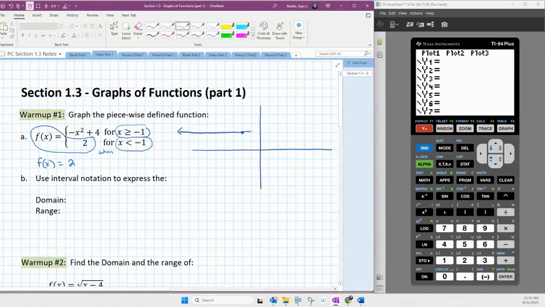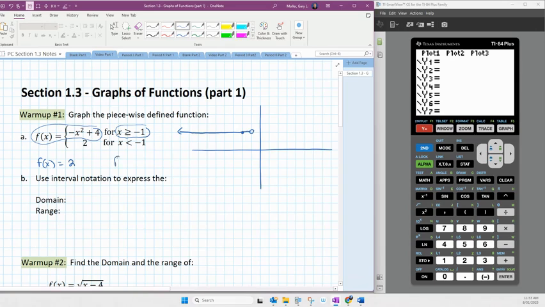But when I get to -1, it's not there because we're not plugging in the value of -1 to get this answer of 2. Because now we're plugging in values of -1 and greater. So that means we're focusing on this function instead, this portion of it.